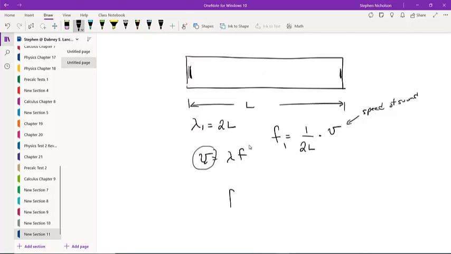And just like with the string, you can also generate harmonics, which are higher frequency sounds that are multiples of the fundamental frequency. And they don't all come out with the same energy. You can come out with different energy levels for different harmonics for various reasons, which we don't go into in the class.